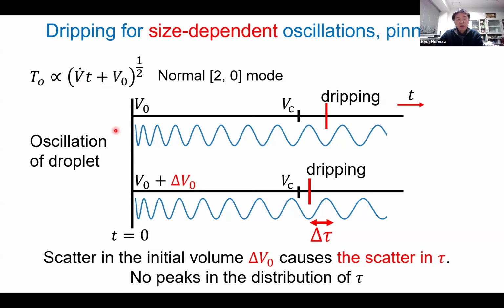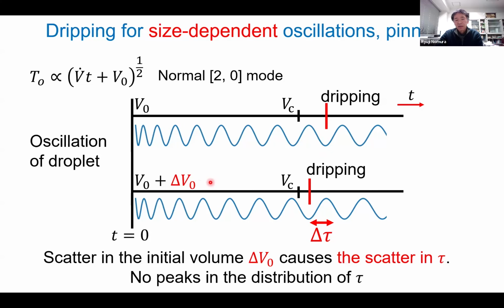Initially, it's oscillating in a short period, and it becomes longer. As it approaches the critical volume, in the downward phase of the oscillation, it drips. This is a pinch off in this case.